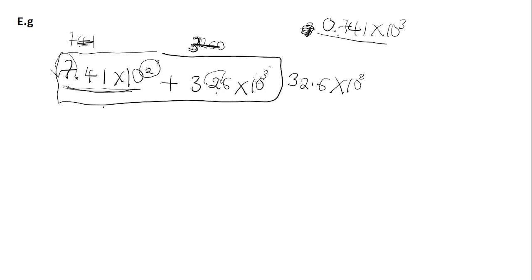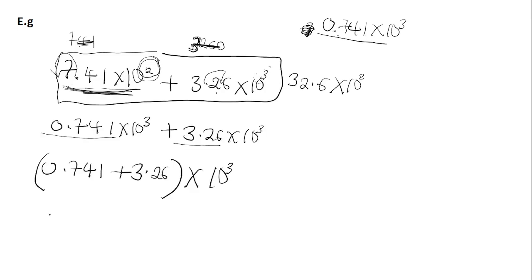Anybody with a calculator? I doubt you guys have one, so I guess I'll do it on my own. Or does anyone have? It's 4.001. Okay, 4.001 times 10 to the power 3. Yes, thank you very much.